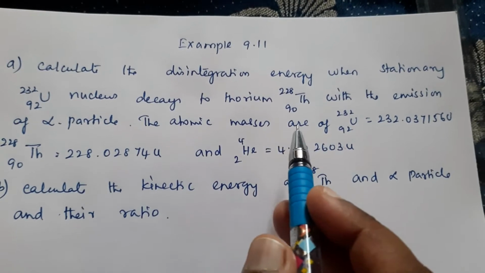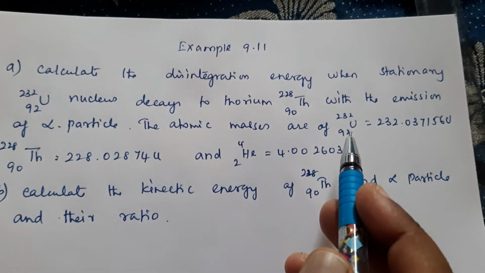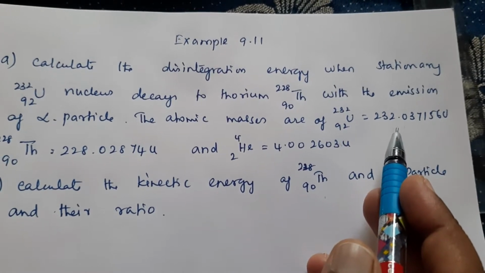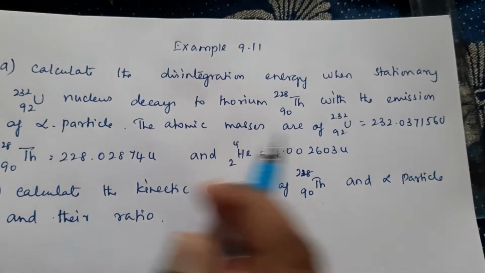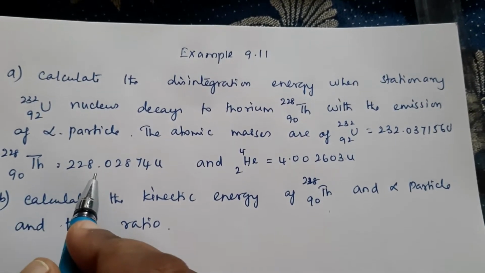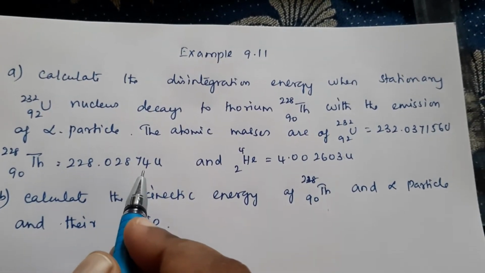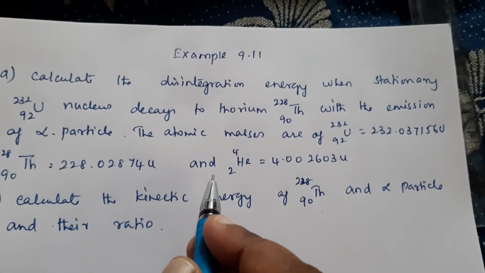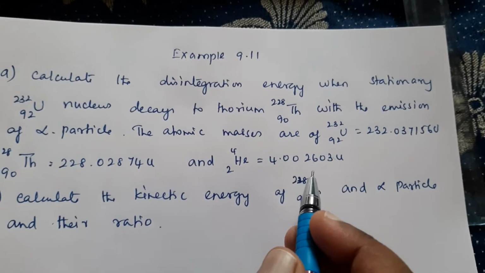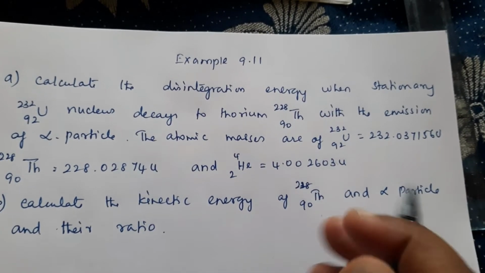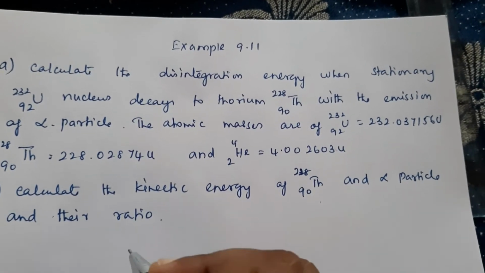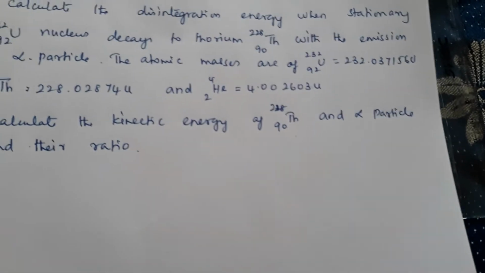The atomic masses are: uranium-232 is 232.07156 atomic unit, thorium is 228.02874 atomic unit, and helium is 4.002603 atomic unit. Calculate the kinetic energy of thorium and the alpha particle and their ratio.